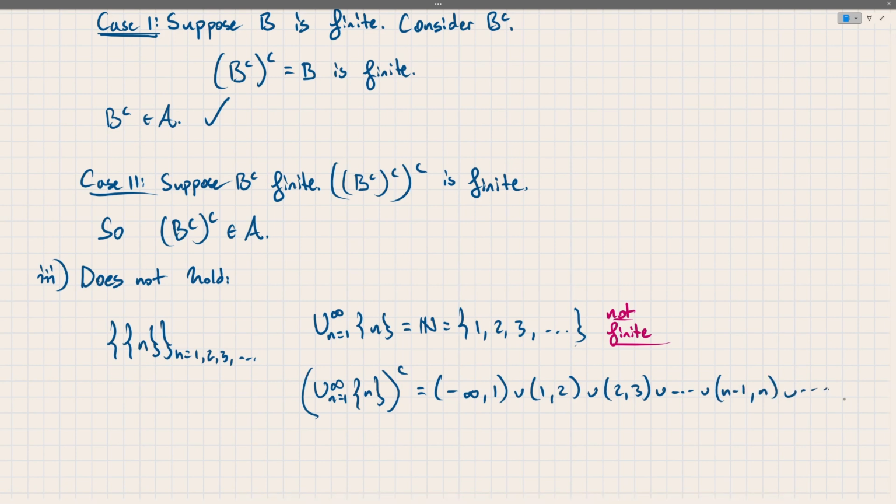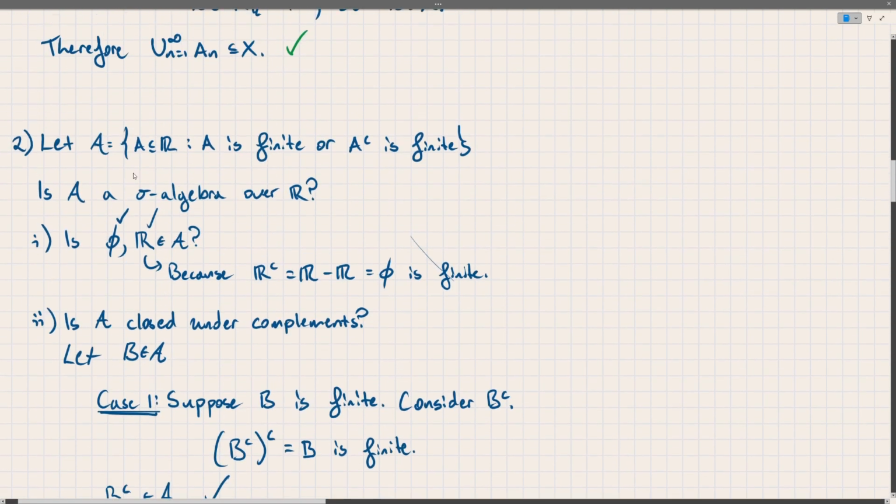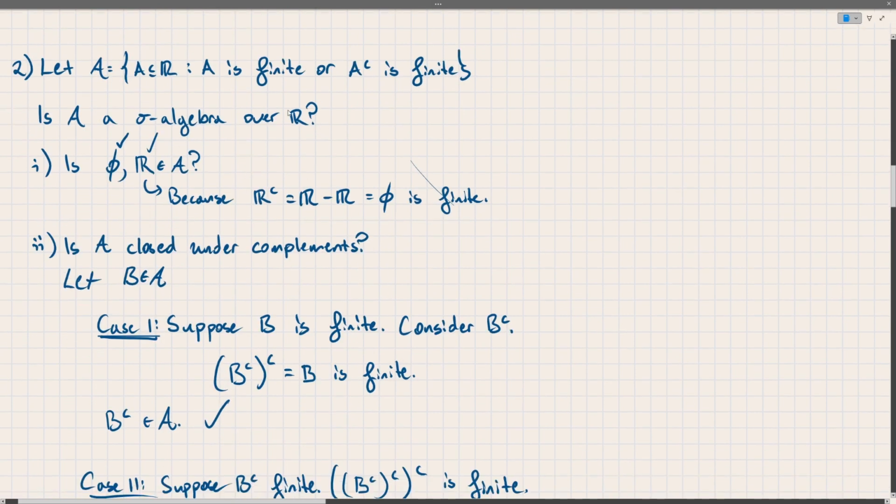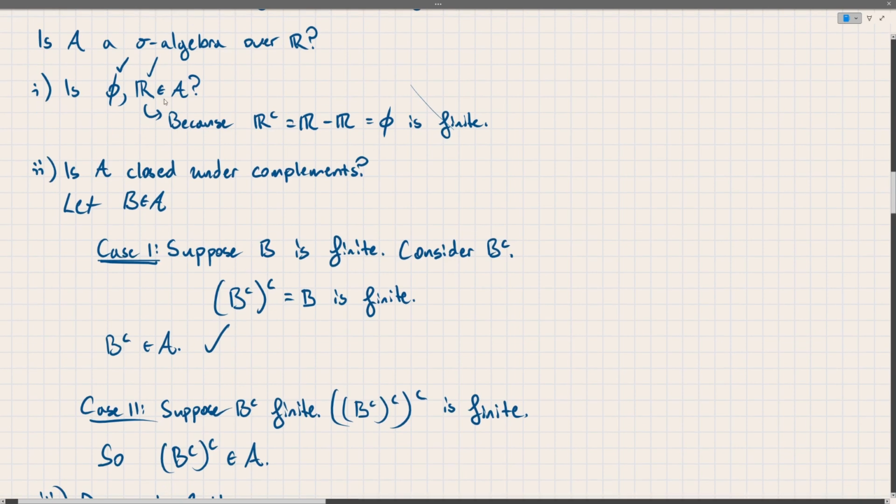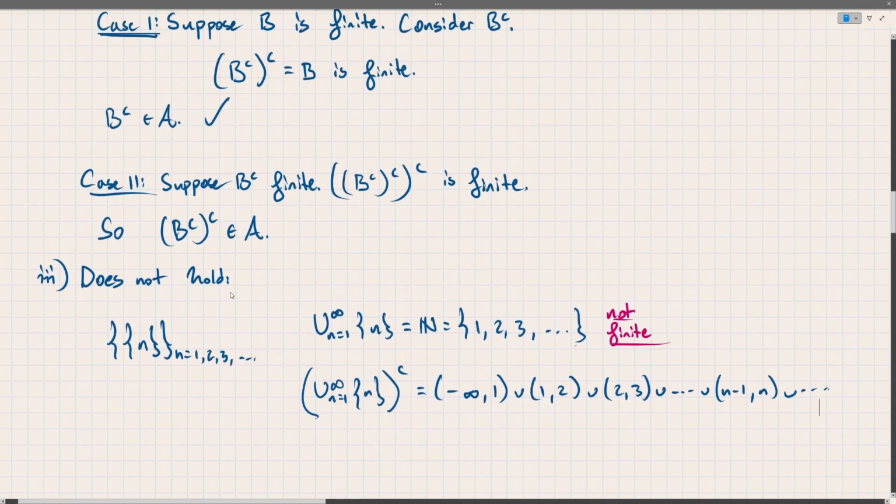Obviously, just by the fact we have an open interval here, which itself has infinitely many elements, this by itself is infinite. So it does not hold that our collection of sets is a sigma algebra. While it contains the empty set and R, and while it is closed under complementation, it is not closed under countable union.